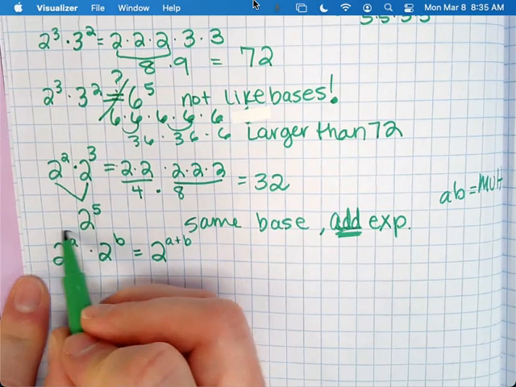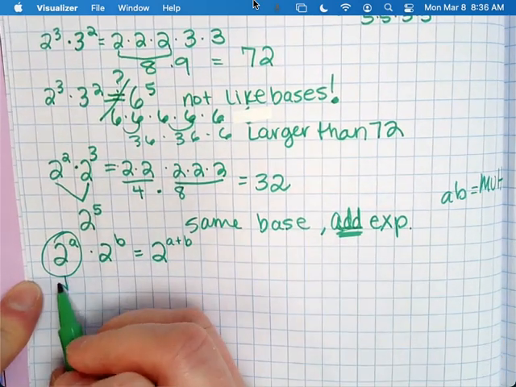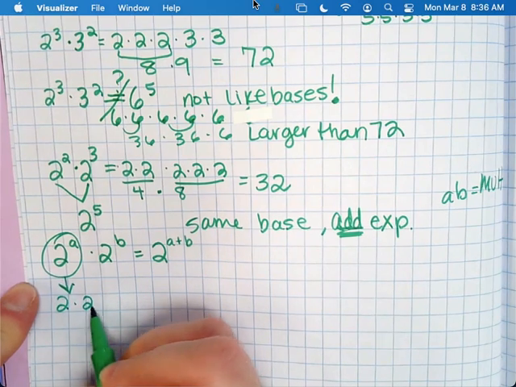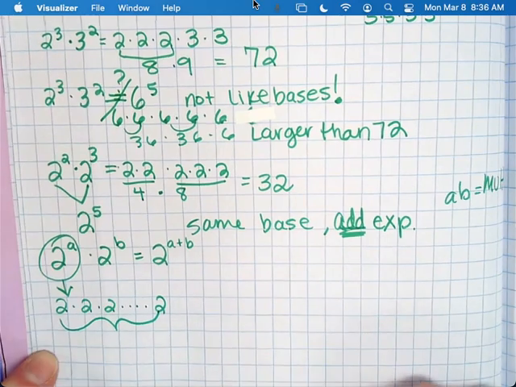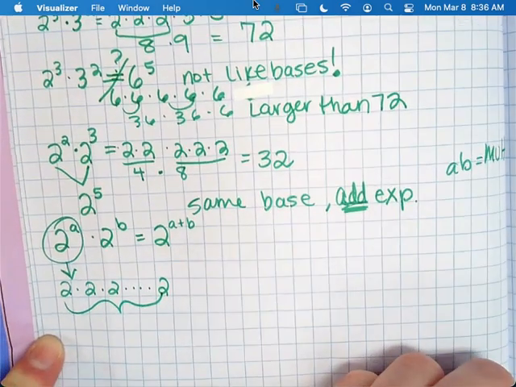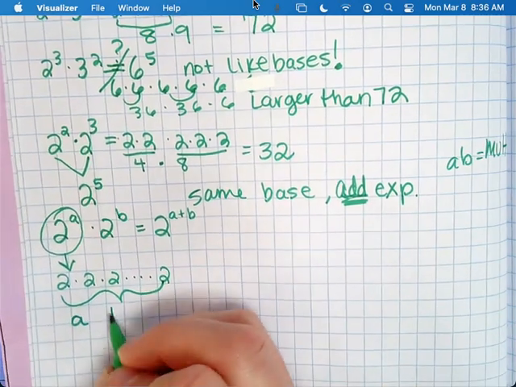Because what does 2 to the a mean? It means 2 times 2 times 2, and so on, however many times that a is, right? So a times.